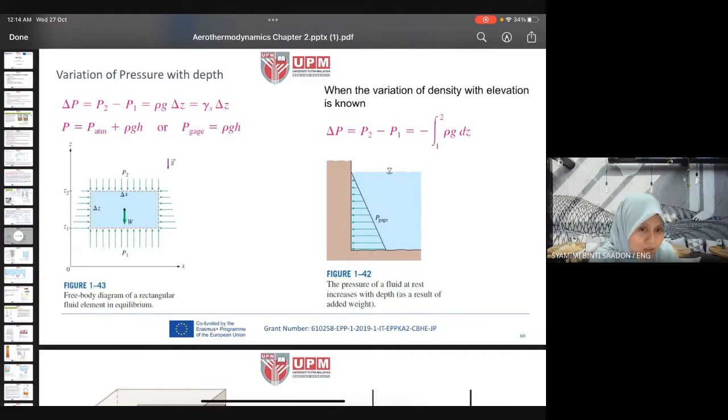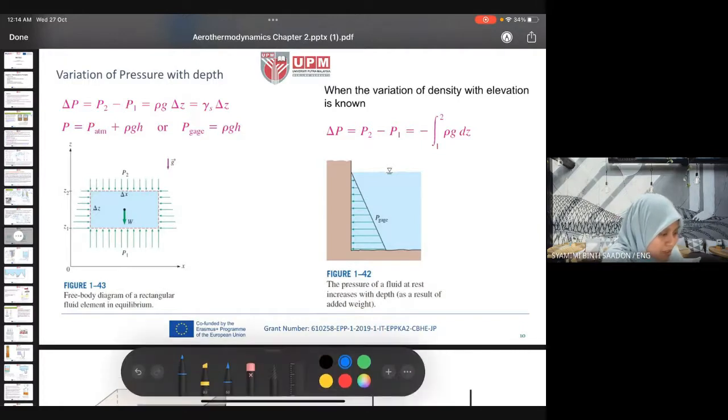So this is the formula for the absolute pressure that we want to measure. We have to consider the atmospheric pressure plus the gauge pressure, rho gh.